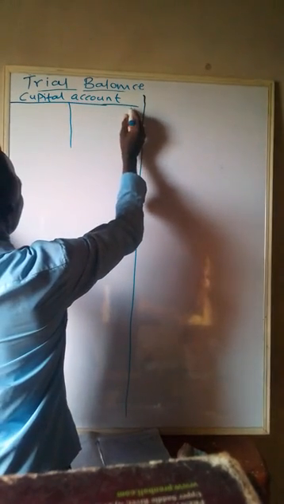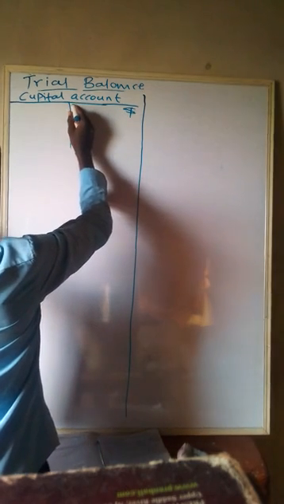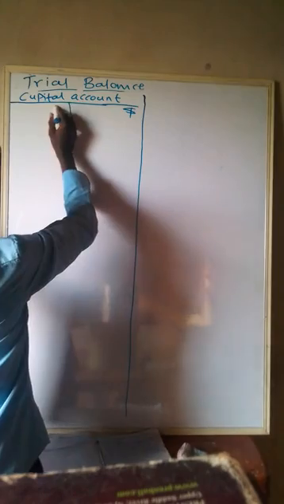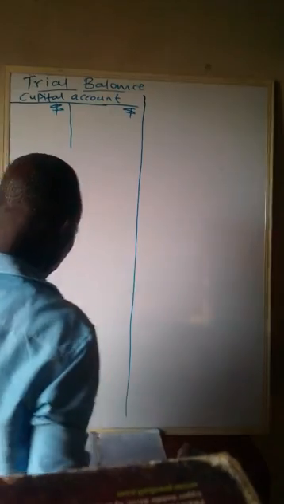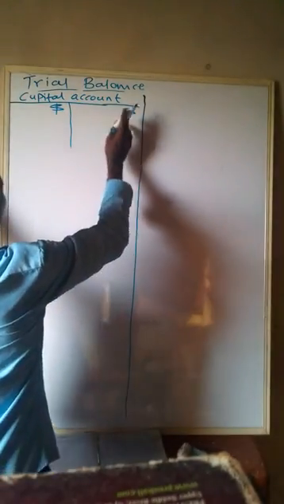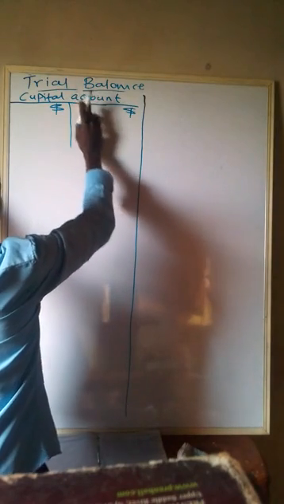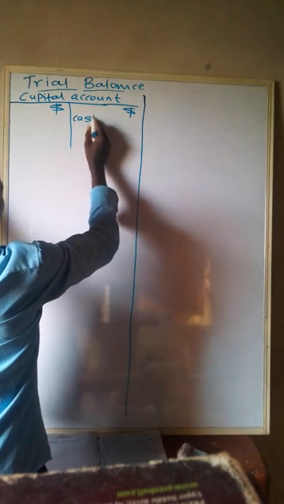And you have my dollar sign here, then date here, dollar sign here. Then the capital account, what is the corresponding entry of this capital account? That is cash. The question says in cash.